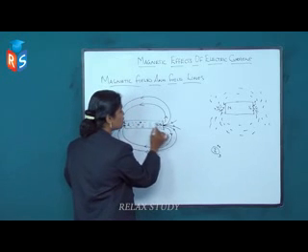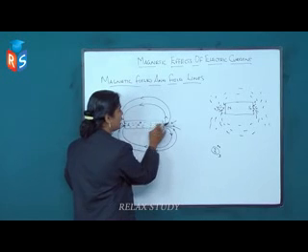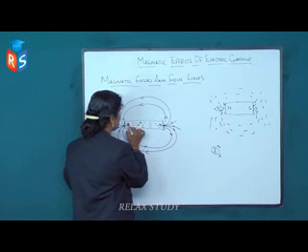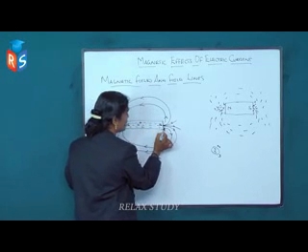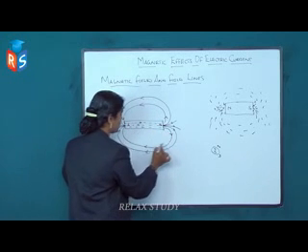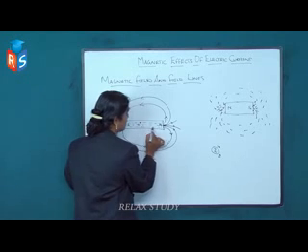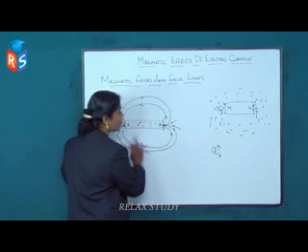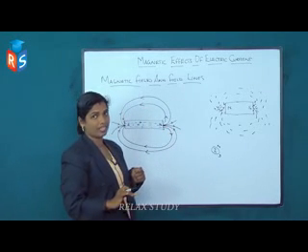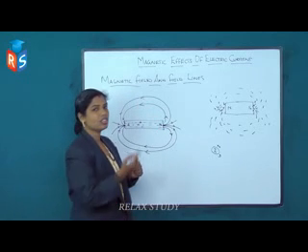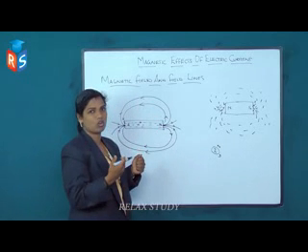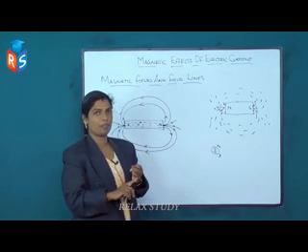It is actually a closed curve; each field line makes a closed curve. See, this is the path of a single line. Similarly, if you consider another, it begins from here, goes like this, and gets completed like this. So every magnetic field line is expected to be a closed curve. These are the important properties.